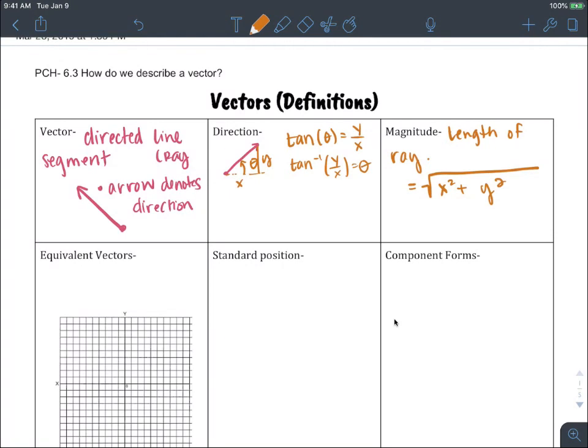We show magnitude by these double bars that look like absolute value signs, and then we use a bolded letter for the vector, or you can put a little arrow on the top. Okay, so a vector is a bold letter, or a letter with an arrow.